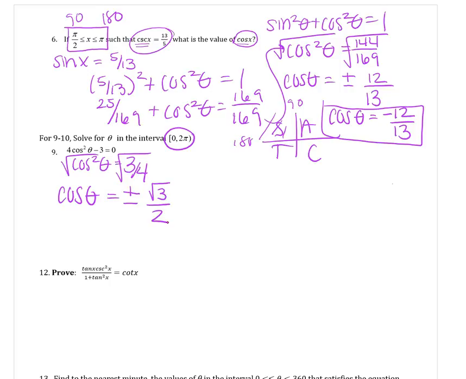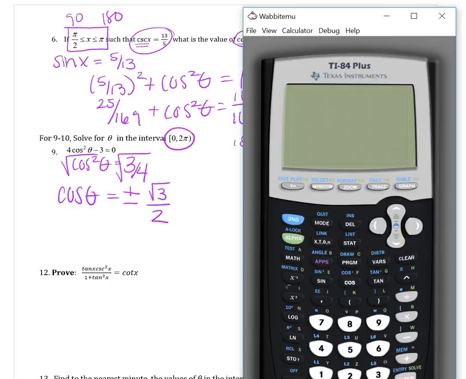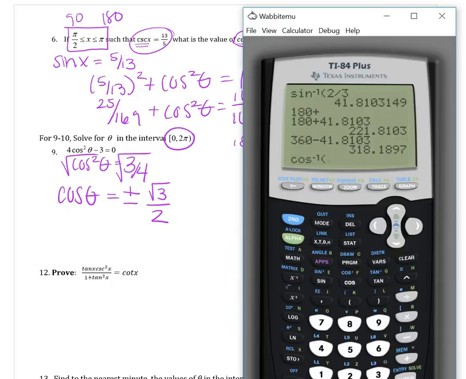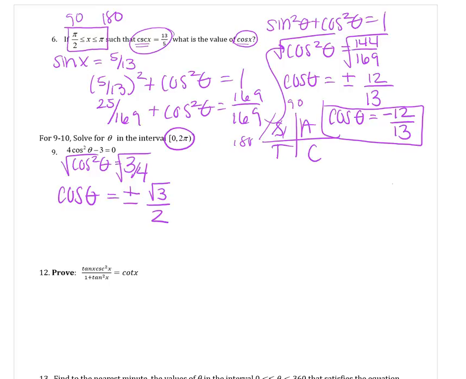Now, if you don't know this angle off the top of your head, you could use your calculator. So I could do inverse cos of radical 3 divided by 2 and get 30. Or just know cosine of what angle gives you radical 3 over 2? 30.